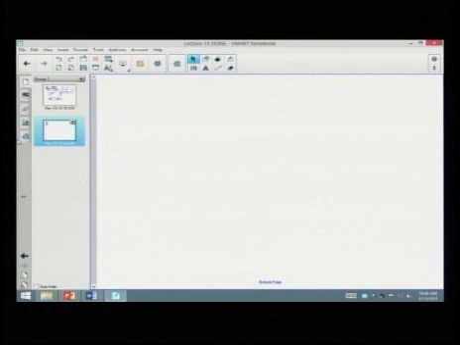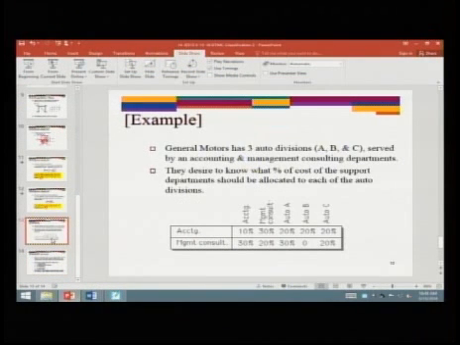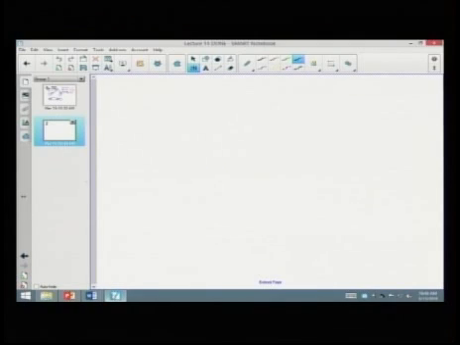Okay, so let me draw the transition diagram first, based on the given information. We have 5 different departments.